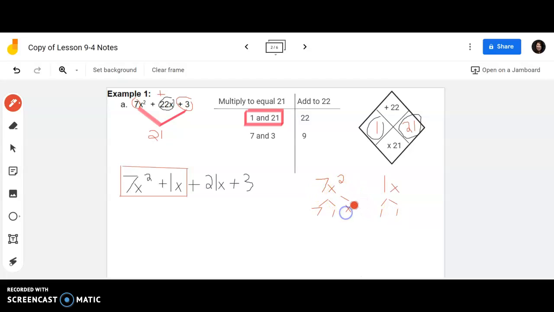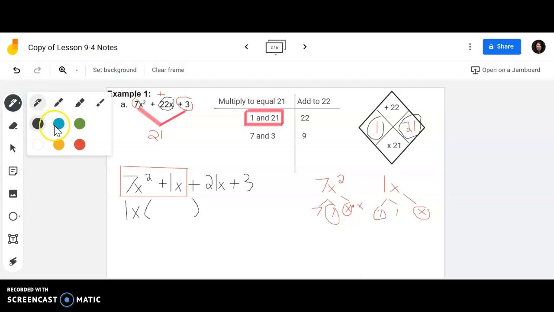X squared means that it has two x's, and the 1x has just 1x. So what do they share? They share a 1, and they also share an x. So the greatest common factor is going to be 1x. That's the greatest common factor of 7x squared plus 1x.